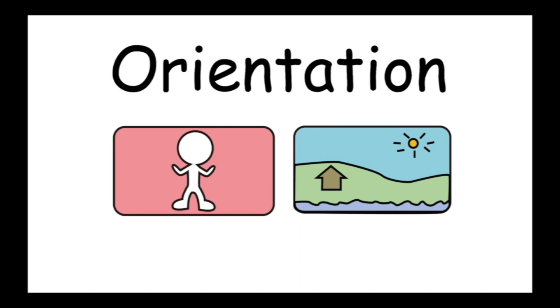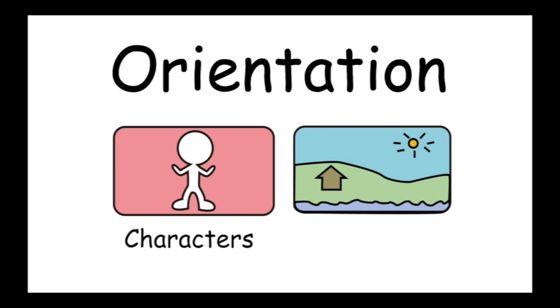Now, the first section in orientation is to find out who is in the story. Can you remember what they're called? That's right, the characters. Who are the characters in the story? The next part of orientation is where is the story?